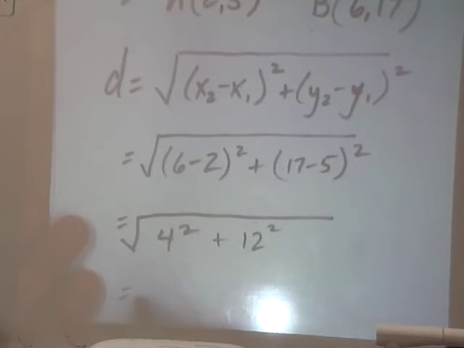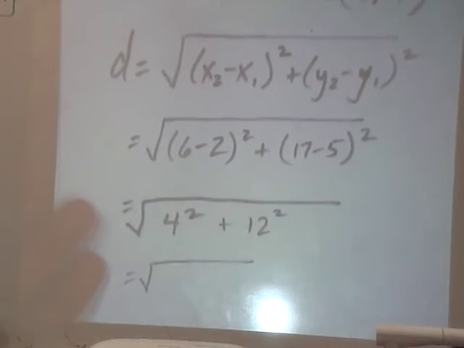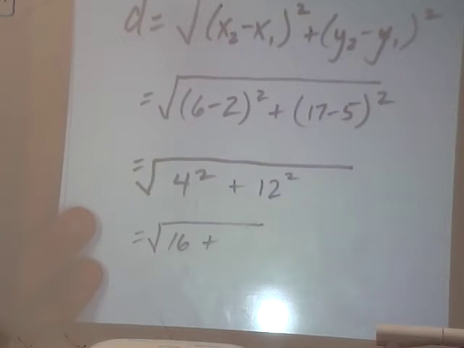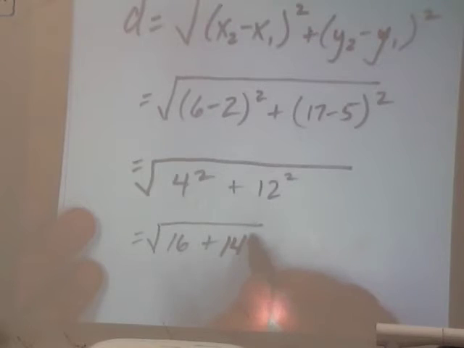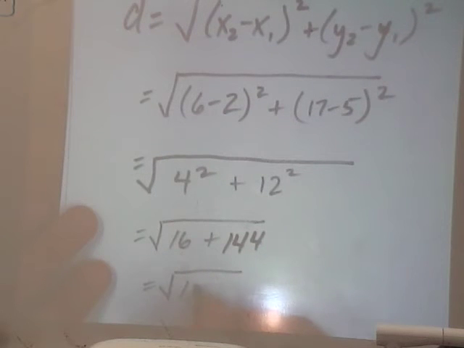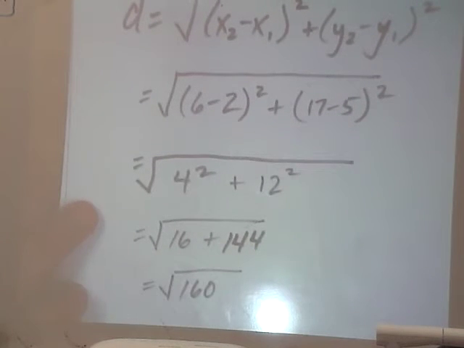What's 4 squared? 16. 12 squared? 144. So that's the square root of 160. Okay, so you have a calculator.